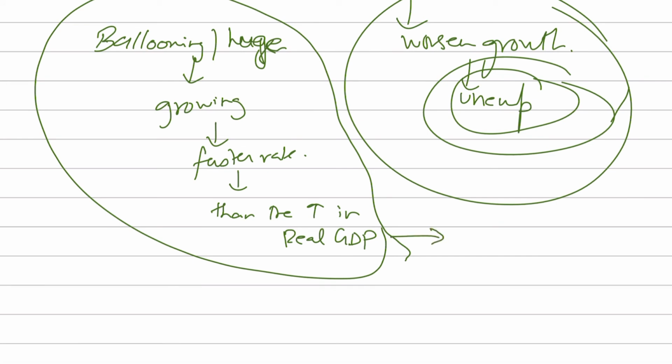So in that situation, financing that deficit through issuing external debt. Now listen to this very carefully. I repeat it: financing that deficit by issuing external debt would not be sustainable.